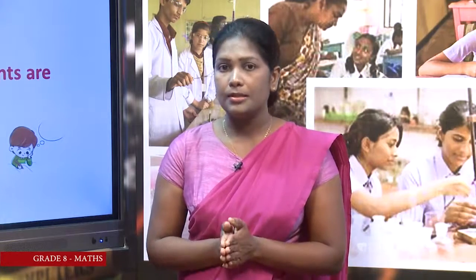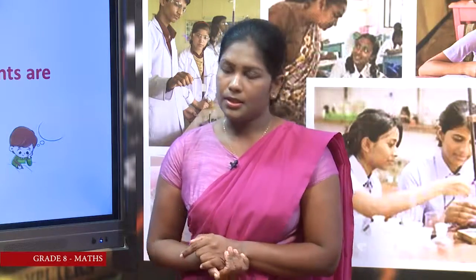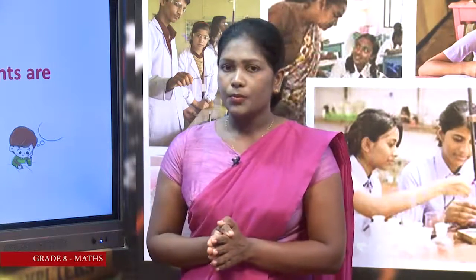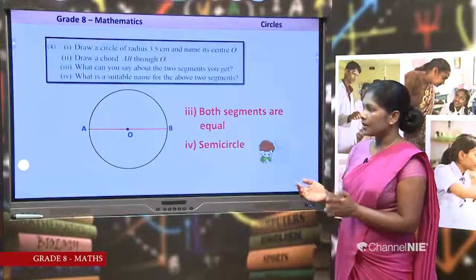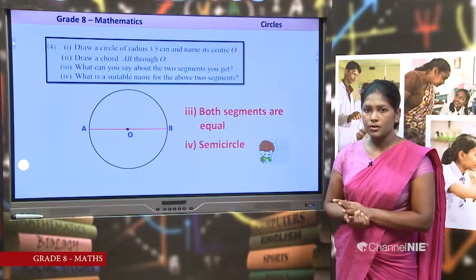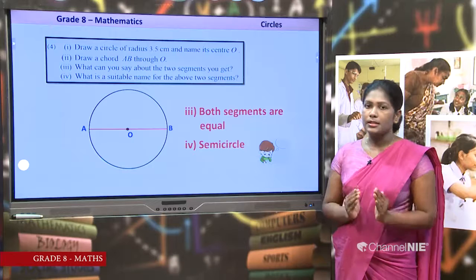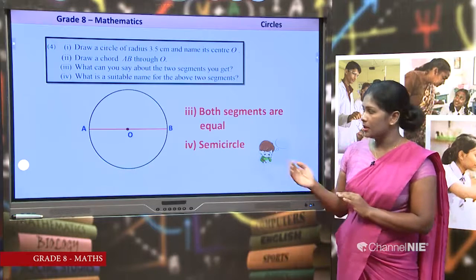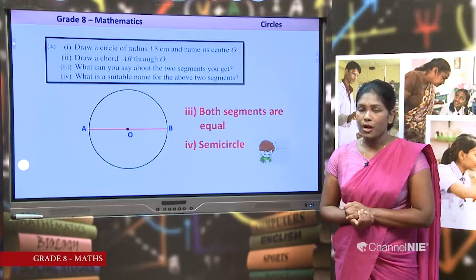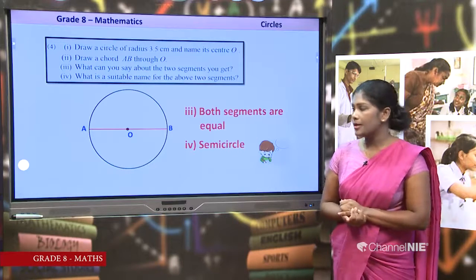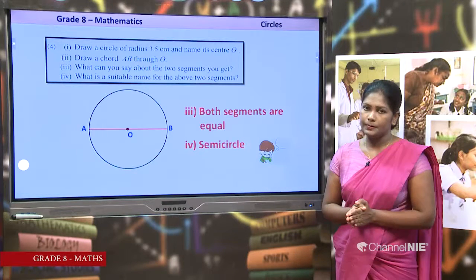Here, now you can see there are 2 equal segments. So, you can call this one part, that means the one region is named as semicircle.